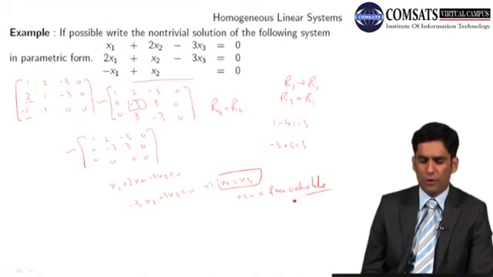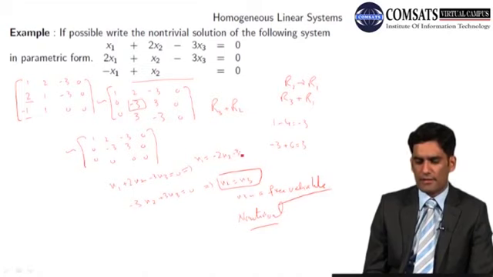So we have the non-trivial solution of the homogeneous system, and from the first equation I can have x1 equals minus 2x2 minus 3x3, and when I put x2 equals x3, I have minus 5x3, the value of x1 in terms of x3.